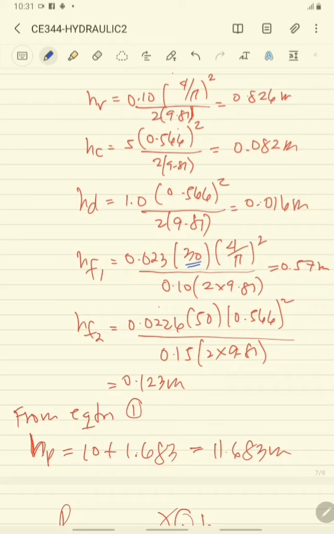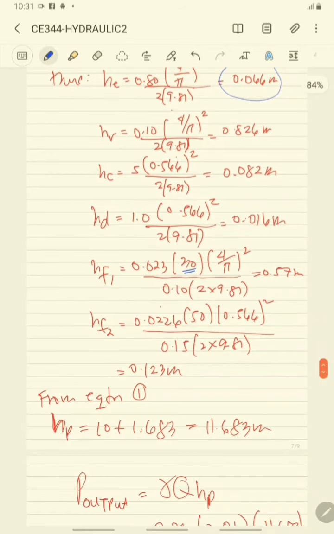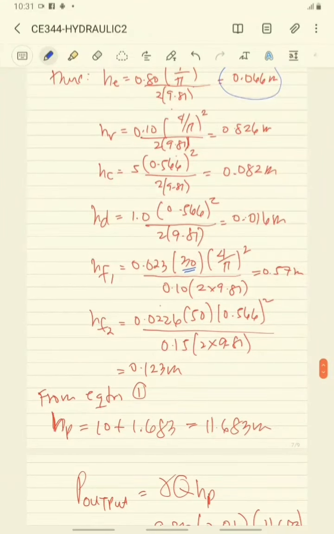Here we used 30, that is the total friction loss of the pipe. So we have to get the head loss for 20 meters instead, no?